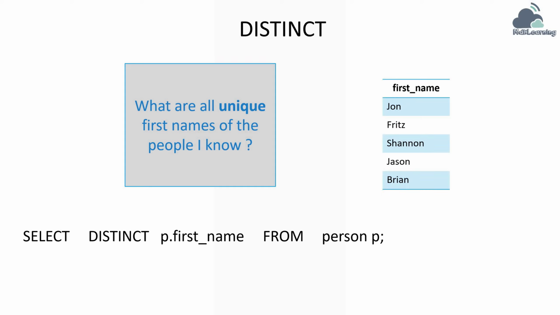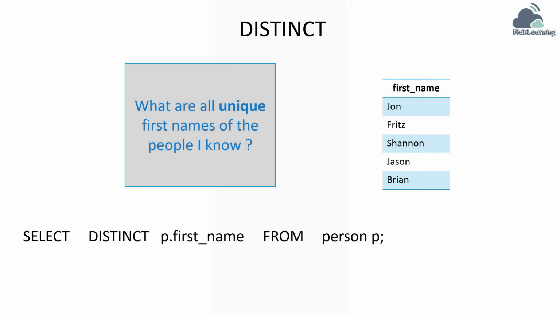This result set would be different. This result set would just be John, Fritz, Shannon, Jason, Brian, right? The fact that there are 2 Johns, 2 Jasons, and 2 Brians isn't of consequence to this particular question and thus to this particular query, right?